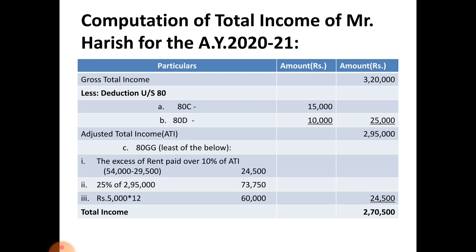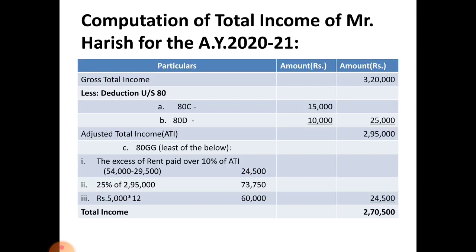First 80C 15,000 you write in the first amount column, and 80D 10,000 rupees you write in the first amount column. Total of this, 25,000, you write in the second amount column. When you deduct 25,000 rupees from gross total income, you get the adjusted total income rupees 2,95,000.